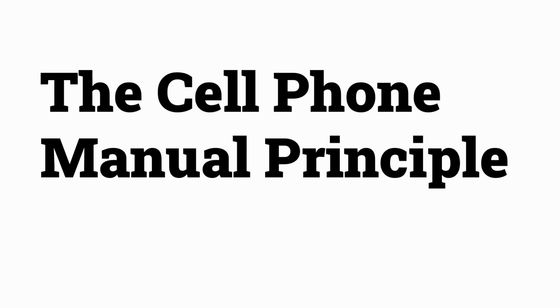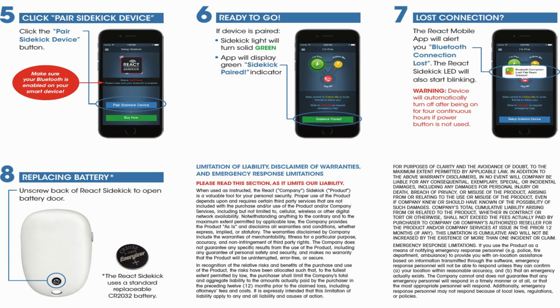If you get a cell phone, chances are, if it has a manual, you're only going to look at it if you need to know 1 or 2 key things. And the people who make manuals know this. So they have stuff separated out into easy steps. Lost connection, here's what you do.